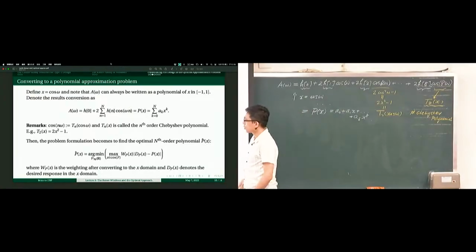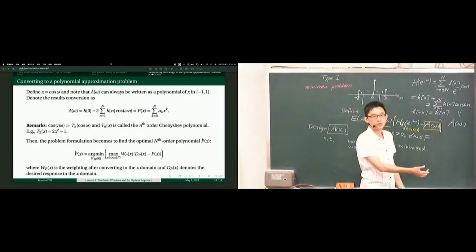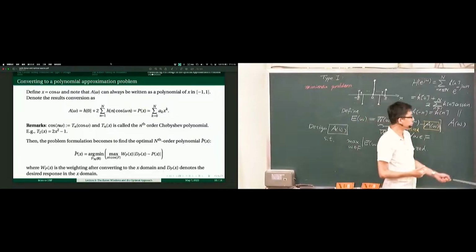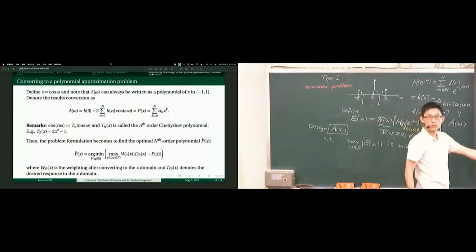Okay? So why do we do that? The reason should be clear in the next slide, but let's now move one line further. So now, the problem formulation right here. Instead of designing A of omega, now we need to design P of x, because they are equivalent. If you know P of x, you can convert it back to A of omega. So now let's move to the x domain and reformulate the problem as this.